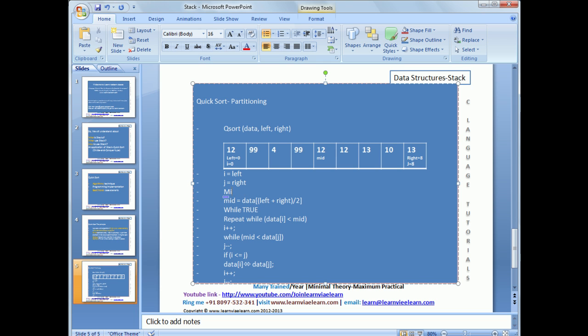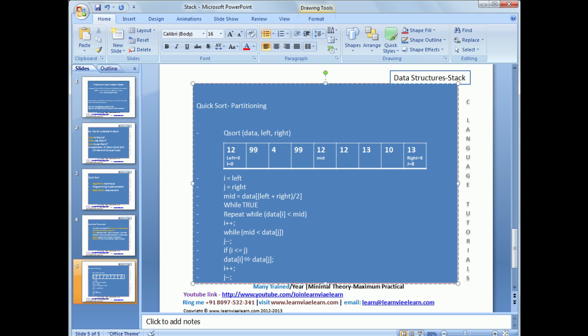But here in our case, I am considering the mid of the array. So for that, I am just adding left plus right divided by 2 so that I can get the mid of the array.